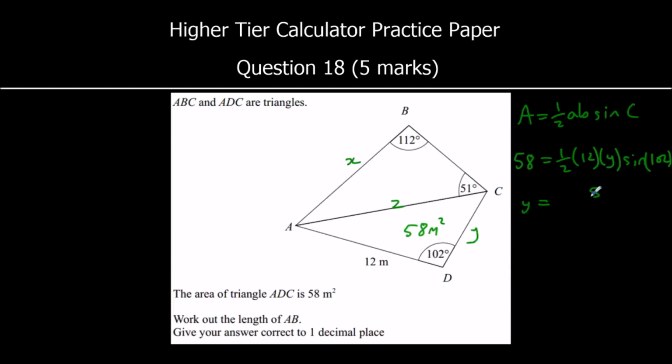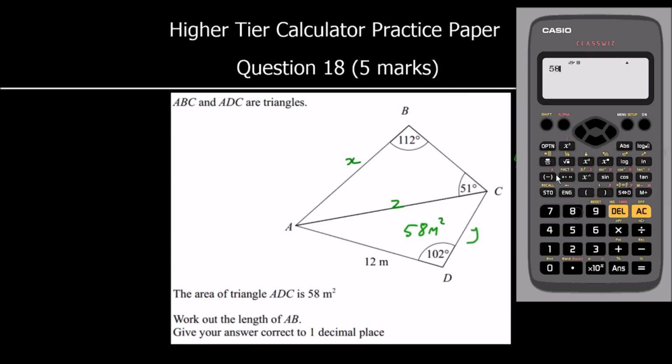So y is 58 divided by half times 12 times sine 102. So 9.88.